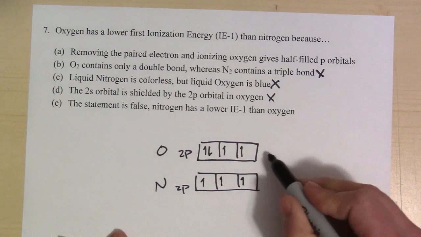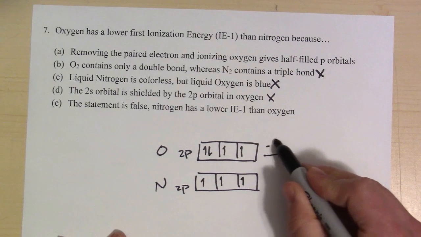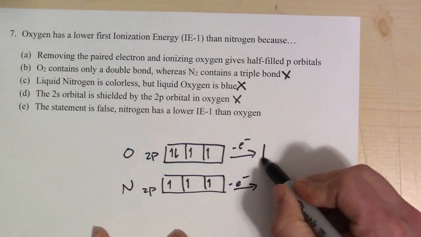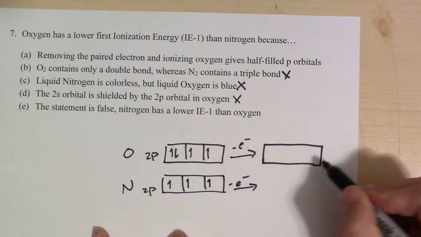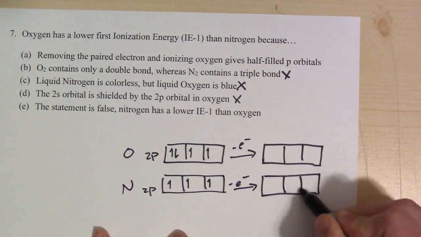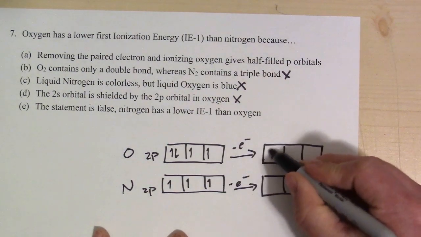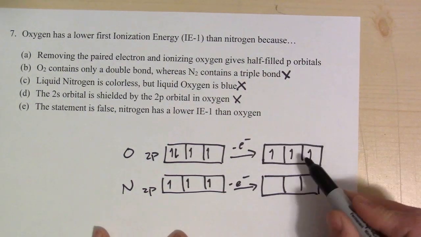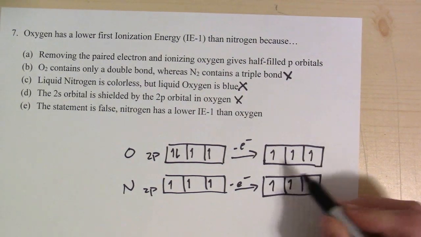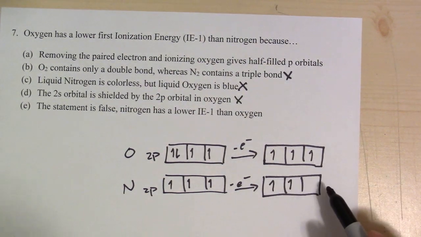So if we remove, so we'll take away 1 electron from each side. Let me redraw what that looks like. So taking away 1 will now give oxygen a half-filled shell, but nitrogen will lose its half-filled shell.